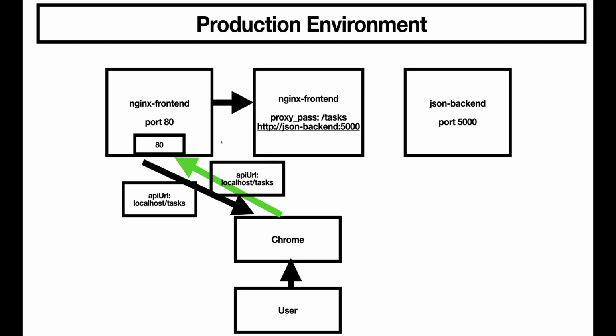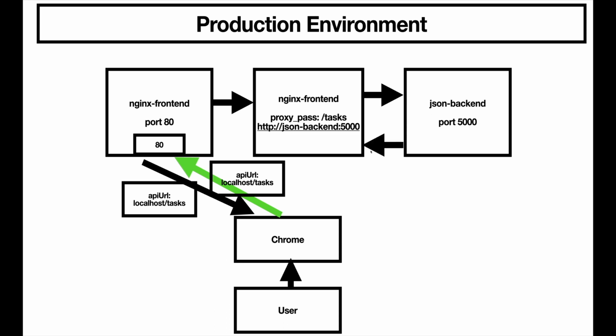And once Nginx receives the path /task, it will forward to the proxy and it will send your request to the JSON backend at port 5000.